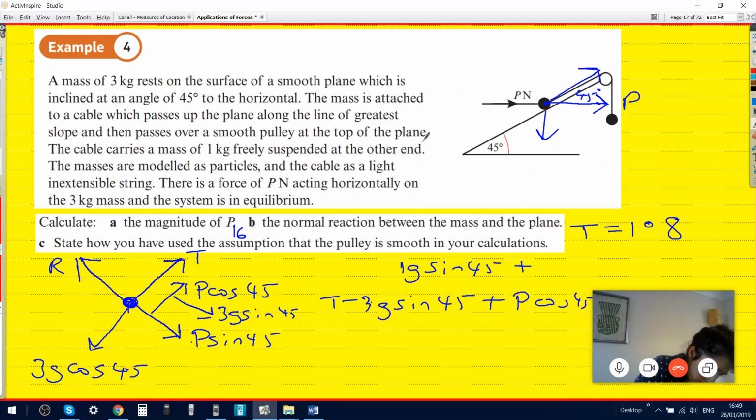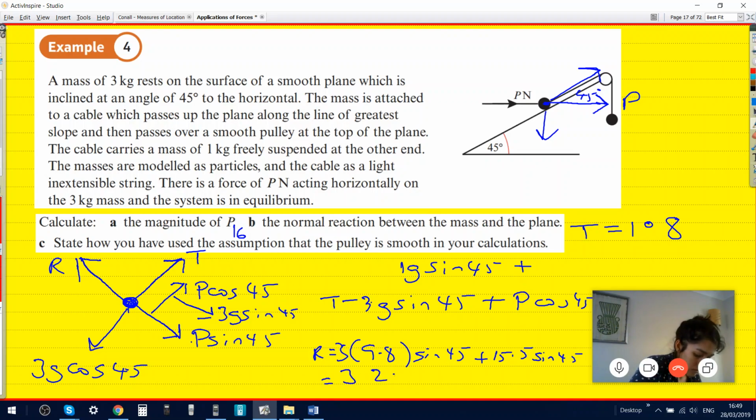R equals 3g cos 45 plus P sin 45, which is 16 sin 45. R equals 3 times 9.8 cos 45 plus 16 sin 45. Oh, 32.1.